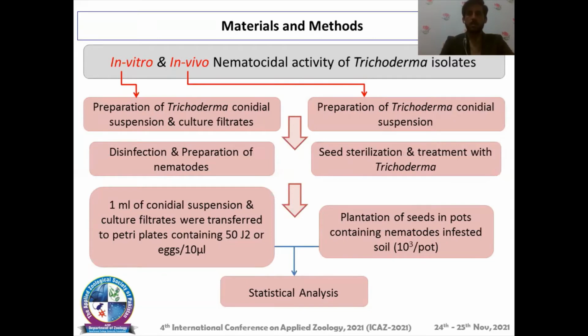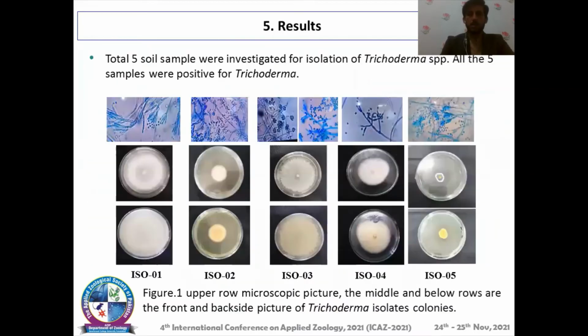The treated seeds of common bean were planted in pots containing 1,000 nematodes per pot. After 8 weeks, the different plant characteristics were measured and then statistically analyzed.